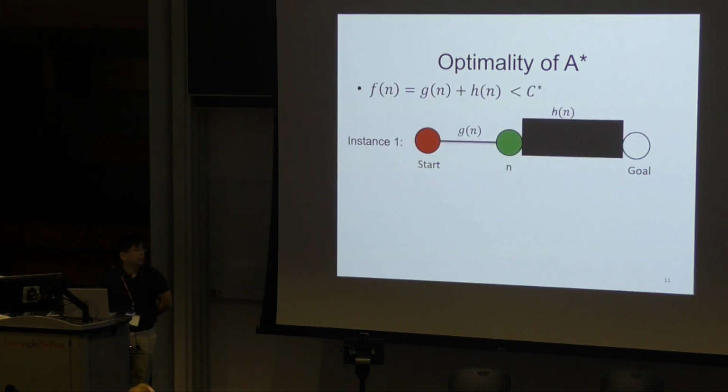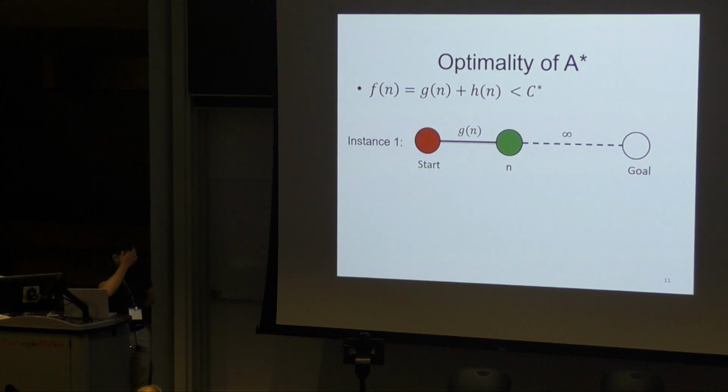So how do we argue that? Let's go through this example. At this point, an algorithm has some state n on the open list, and it sees that the f cost of n is less than C star. The question for the algorithm is, does n have to be expanded? The answer is yes.